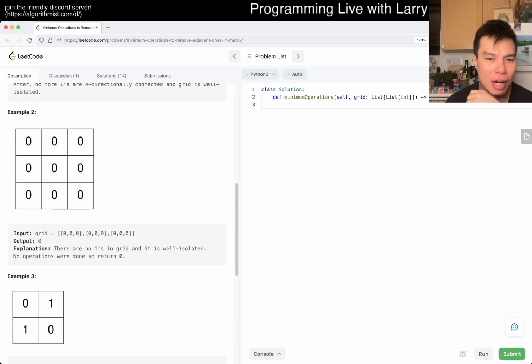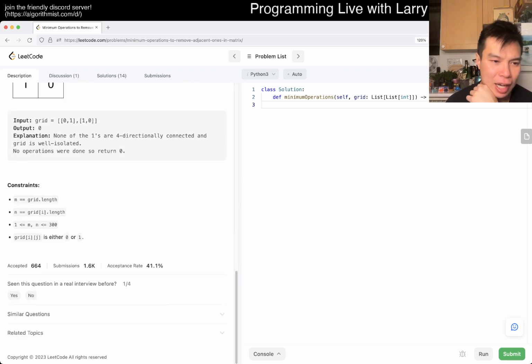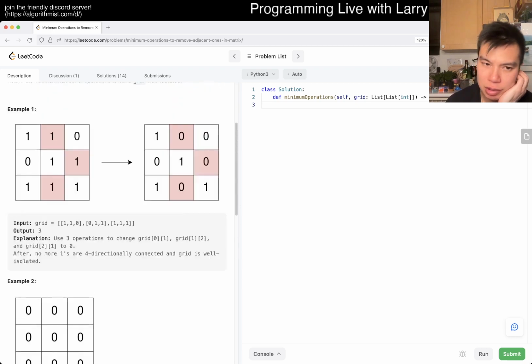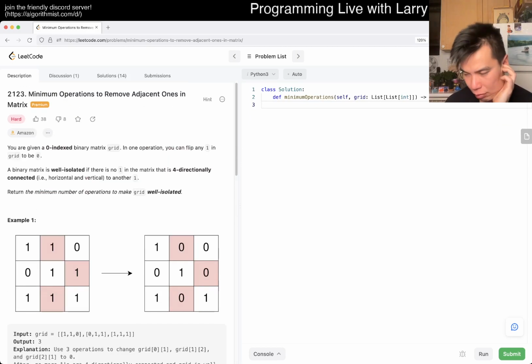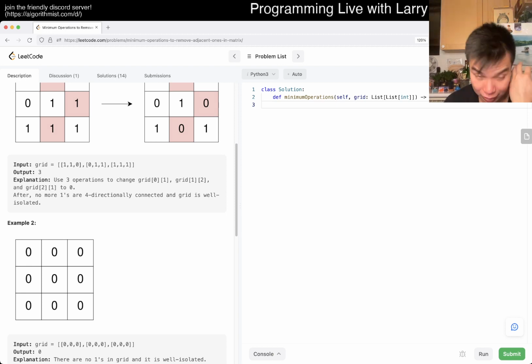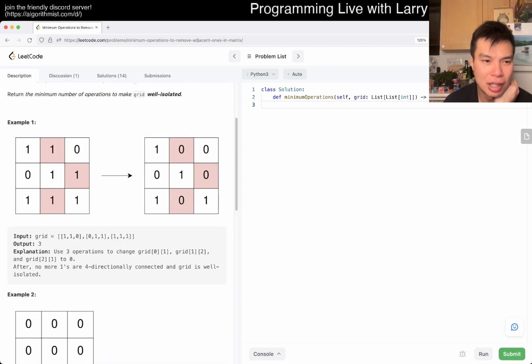That is an interesting problem. The first thing I notice is that n and m are going to be 300. So, is it going to be linear? I guess so. Linear seems okay.